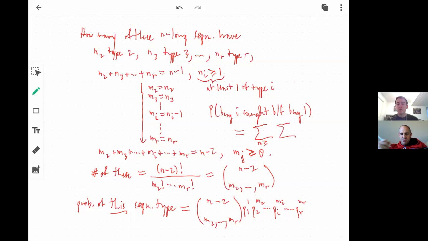Then there would be an inner sum also, over all possible m's: m2 plus dot dot dot plus m r equals n minus 2 with the m sub j's greater than or equal to 0.